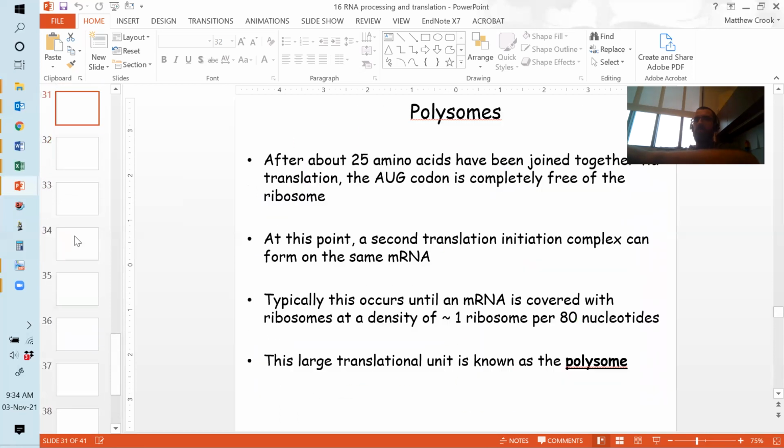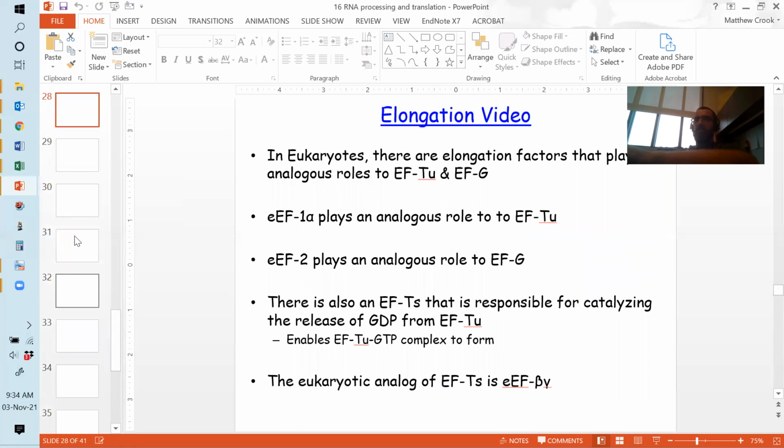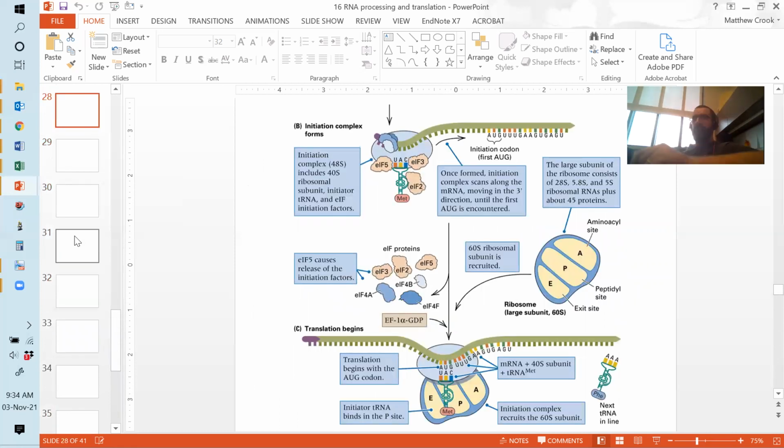Come on. It's up here somewhere. Here we go. So the ribosome has no way other than the start codon of knowing what the reading frame is. And by reading frame, I mean the series of codons which encode amino acids. So all the ribosome knows is where the start codon is.